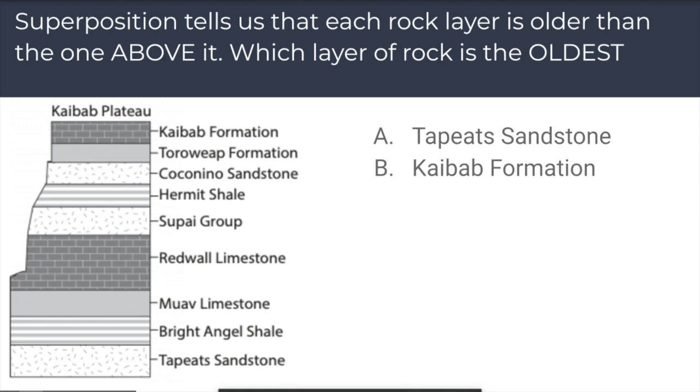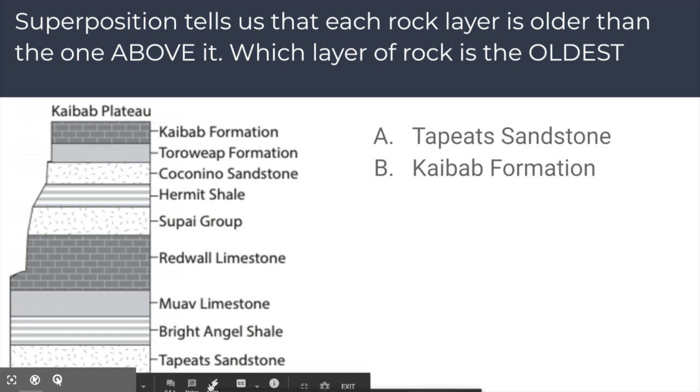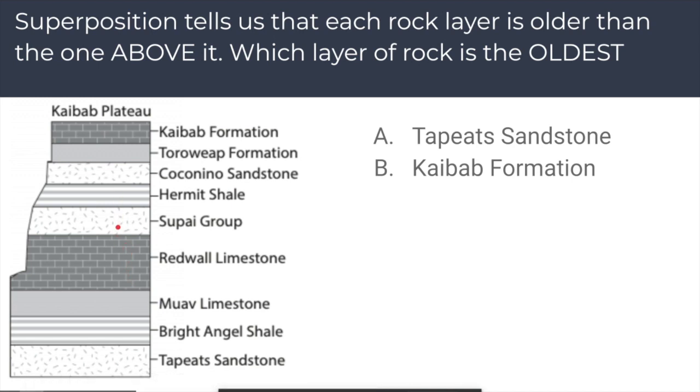Next question says, superposition tells us that each rock layer is older than the one above it. So we notice that this rock has 9 different layers. We can see that superposition tells us that the layers of rocks that are on the bottom are older, and that the higher they go, the newer the layers are.